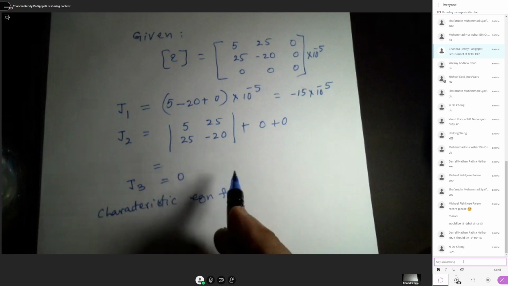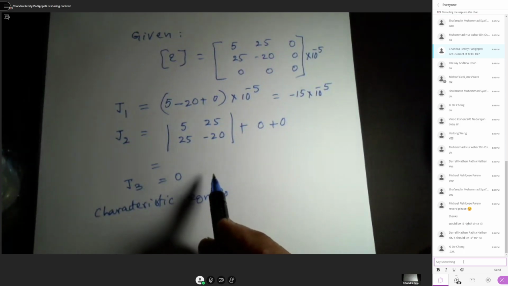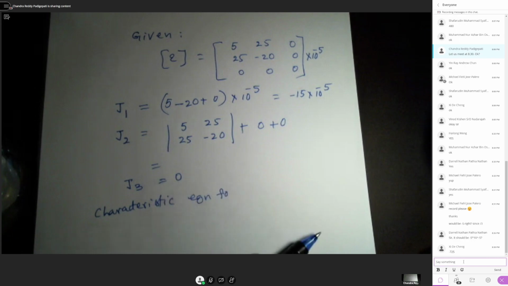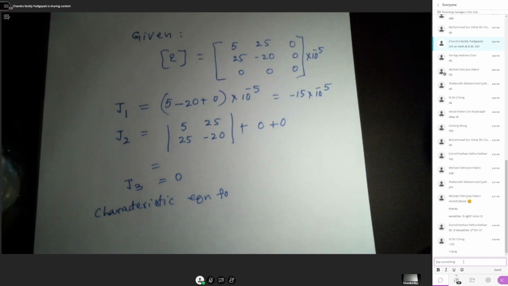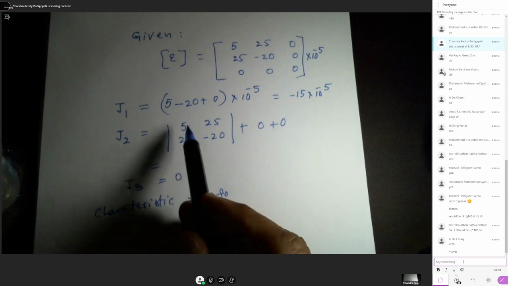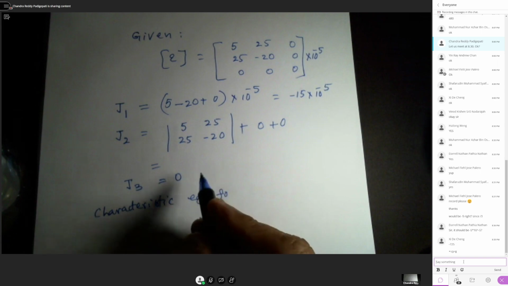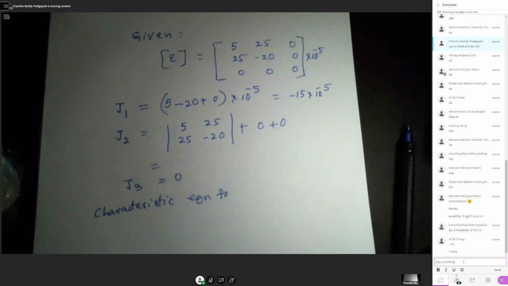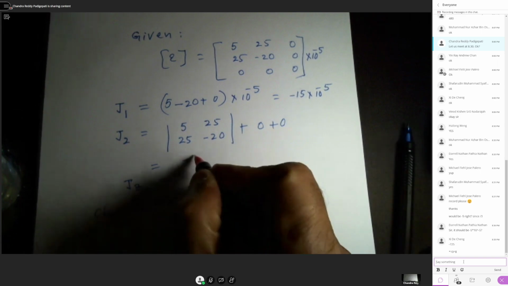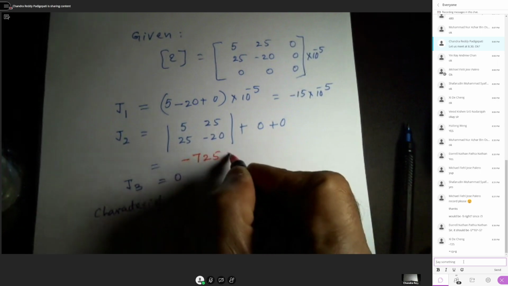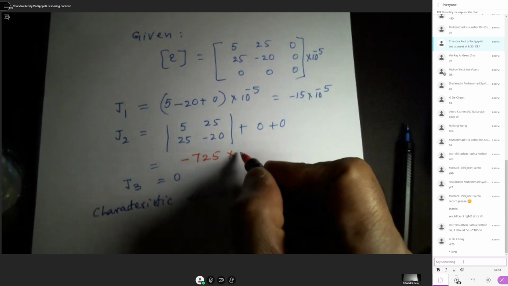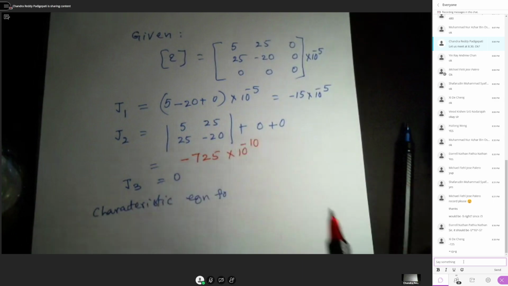Minus 725, that's correct, but what will be the power? 10 power minus 10, because you're multiplying 5 with 5. So J2 is negative 725 into 10 power minus 10.